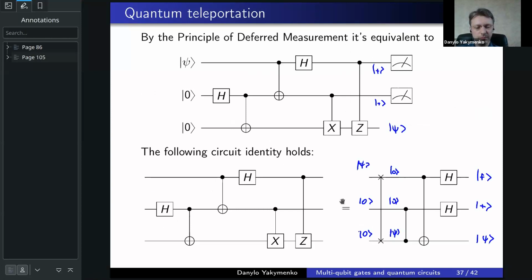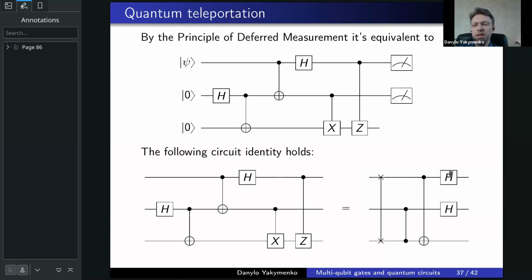Now this on the left is some unitary gate, so this is simply an 8 by 8 matrix.